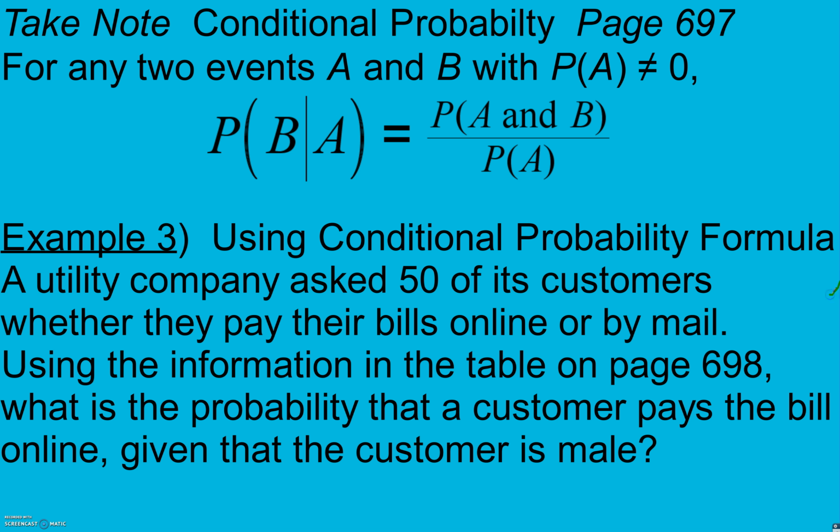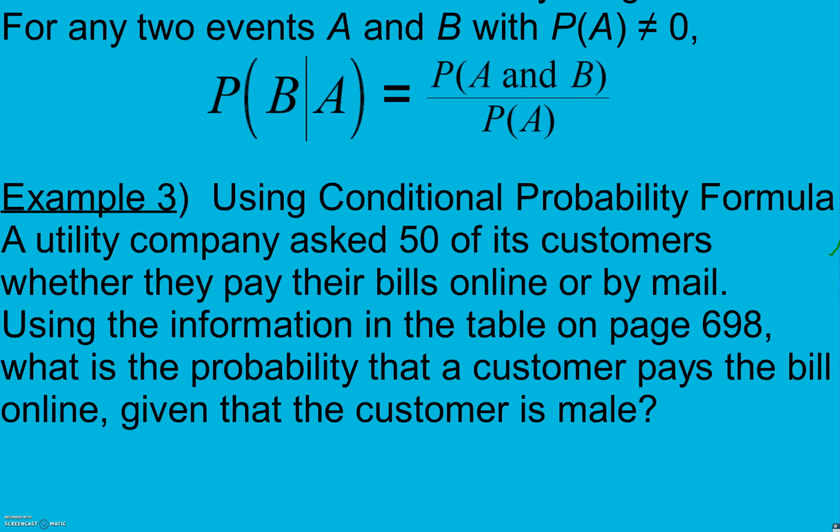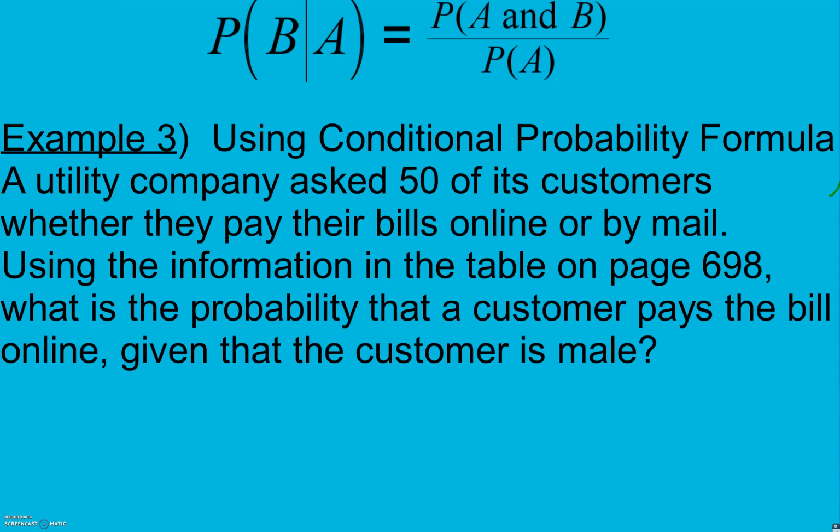So a utility company asked 50 of its customers whether they pay their bills online or by mail. Using the information in the table on page 698, what is the probability that a customer pays the bill online given that the customer is male? Okay, so we're going to do probability of online given that he's male.